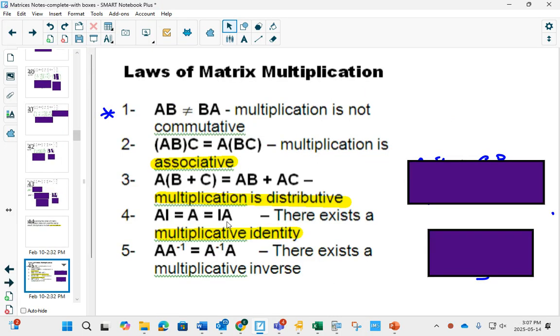But here are the rules and the laws for multiplication and some of the math words that go with it. Okay? There's commutative. Here is associative. It does work that you could have done A times B first or B times C first with matrices. So that's kind of interesting. You can distribute, right? So you know in regular math you distribute something when you have something in front here?